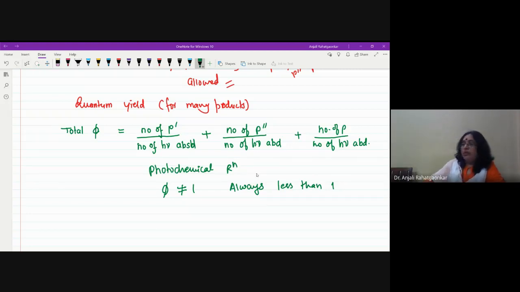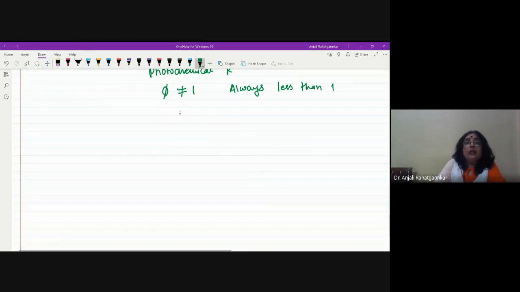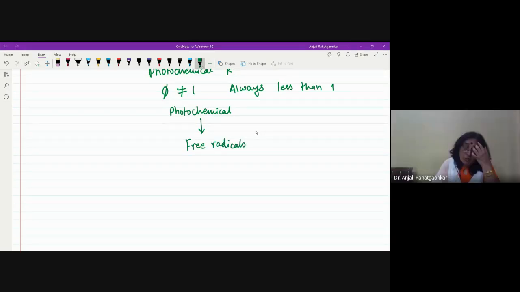Now, one thing you must understand: if I say that the reaction is photochemical, it means that all reactions form free radicals. No reaction will proceed via formation of carbocation or carbanion.